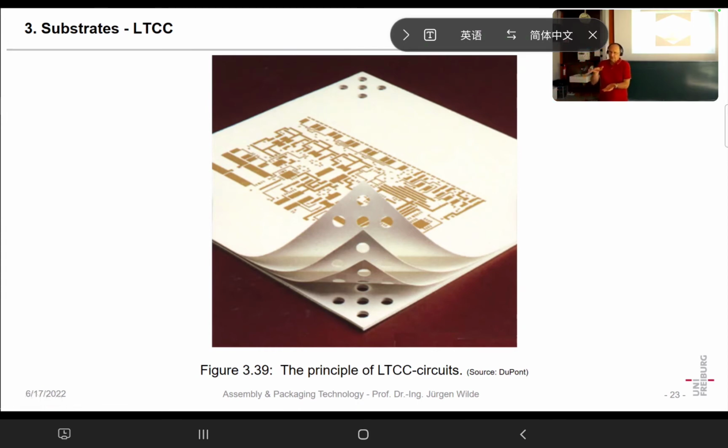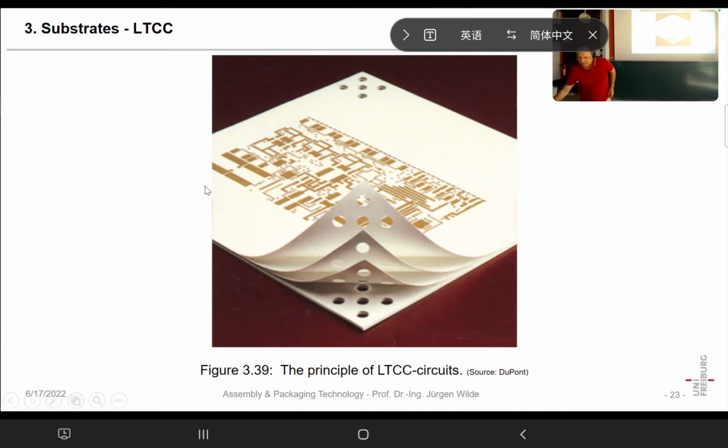Every page pattern comes from your CAD system, from your layout system. You have some holes here. These holes are just to keep it precisely on top of each other, because if you have conductors of 20 micrometers width, you also need an accuracy of below 20 micrometers in order to have matching layers.